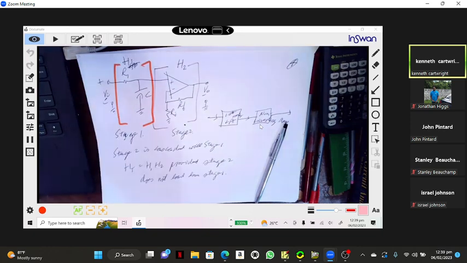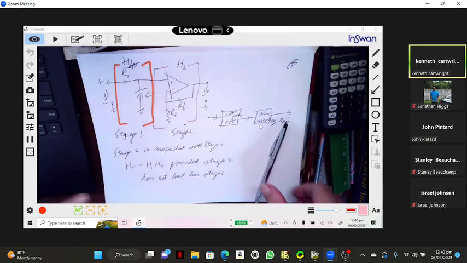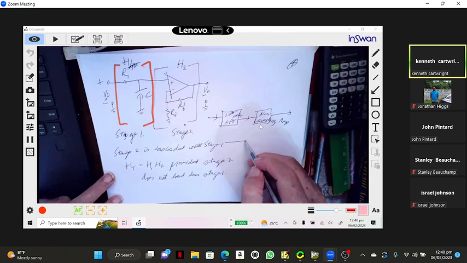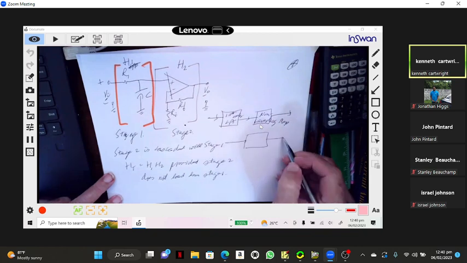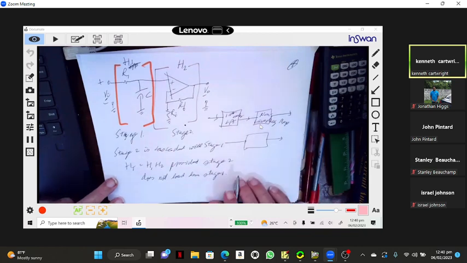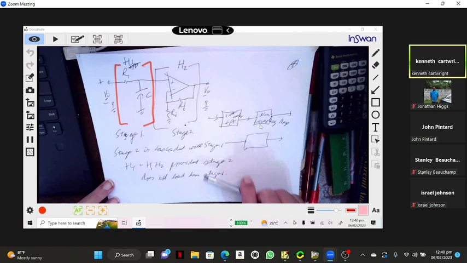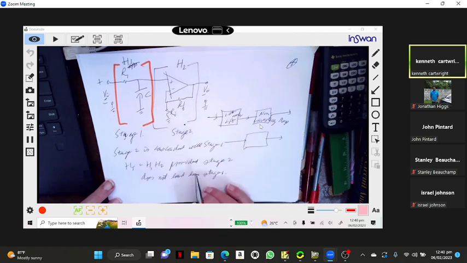There's your block diagram. And now what's your overall block diagram? The overall block diagram is we combine these two transfer functions. And how can we combine those? We multiply the transfer functions.